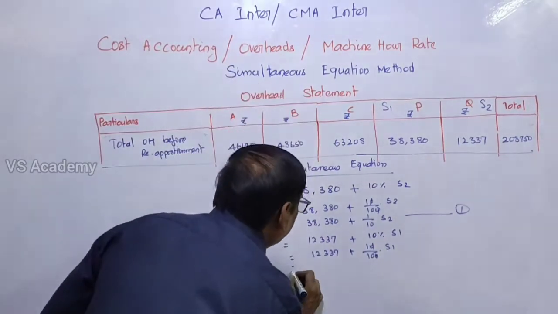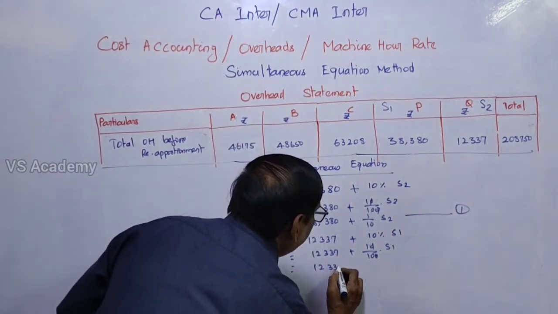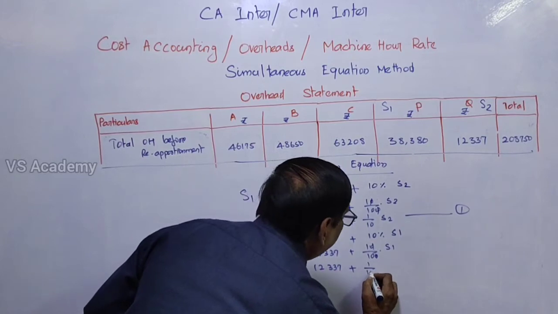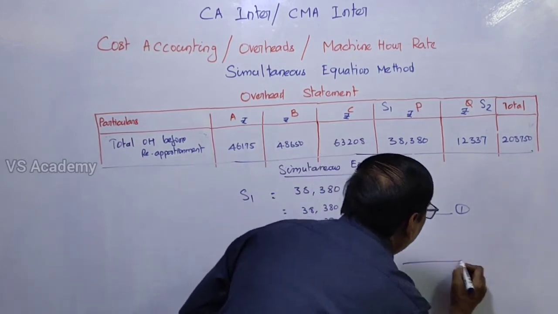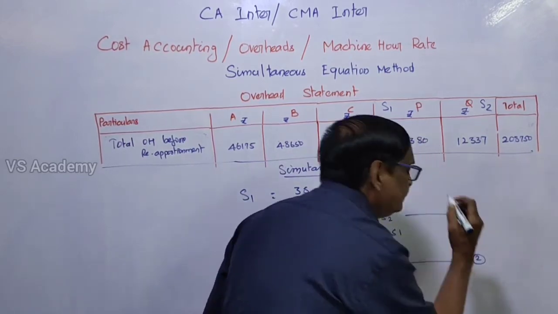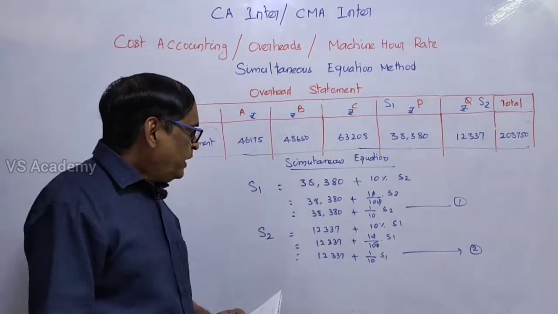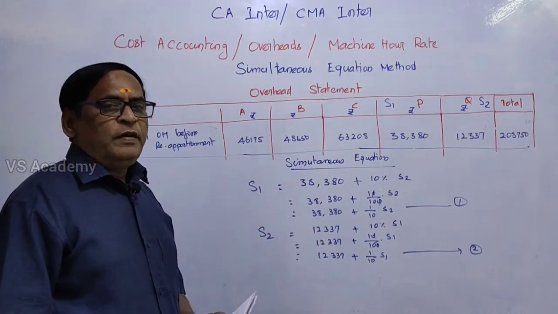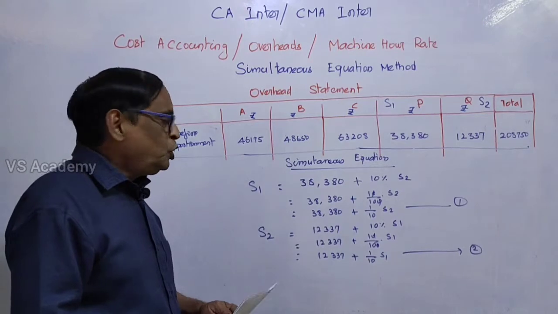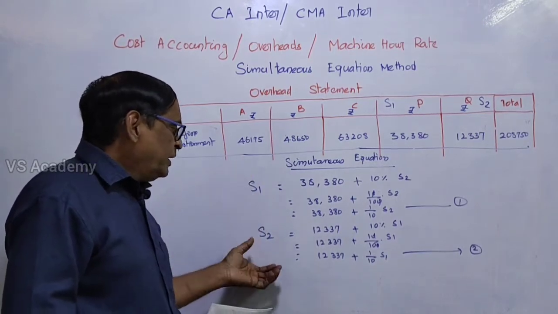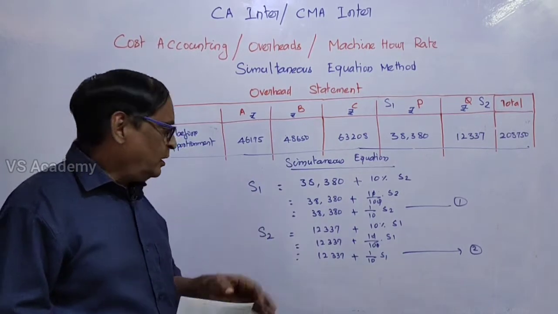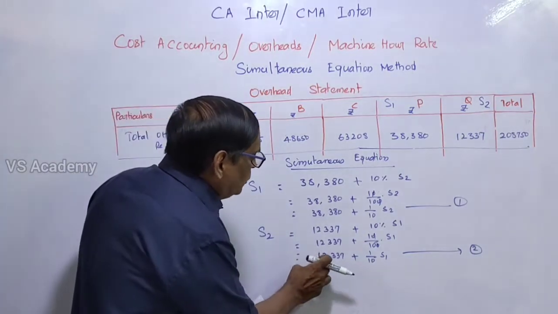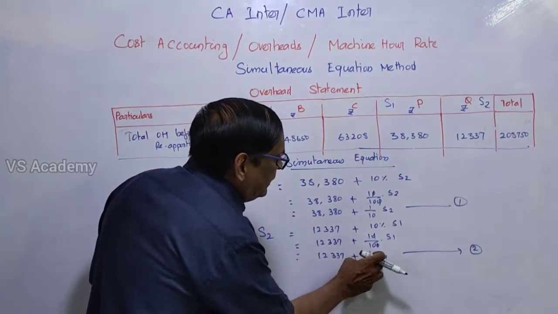So S2 equals 12,337 plus 1 by 10 S1. This is another equation. Understand? We can solve the equation. Solving the equation is nothing but substituting the value of S1 in the equation of S2. That's all. So S2 equals 12,337 plus 1 by 10 S1.